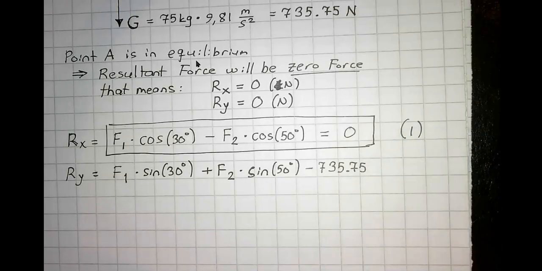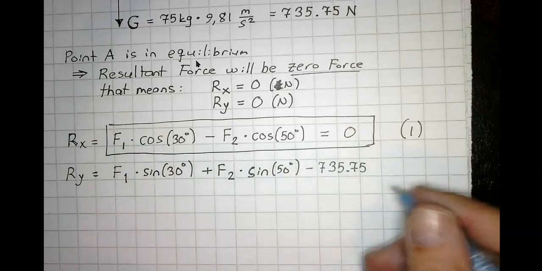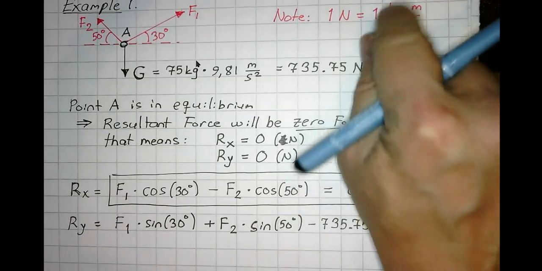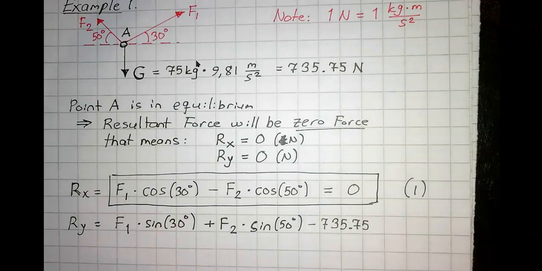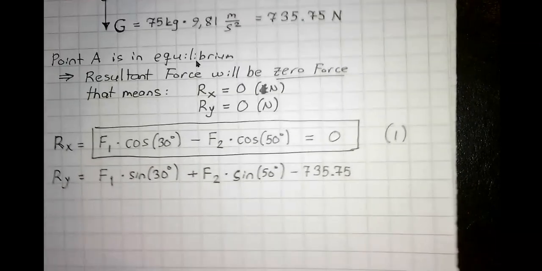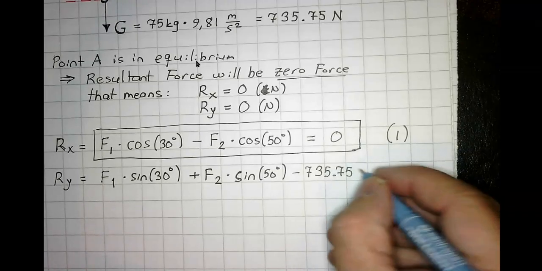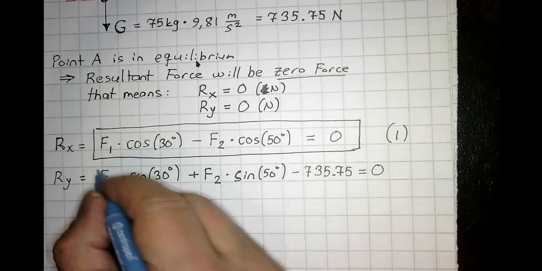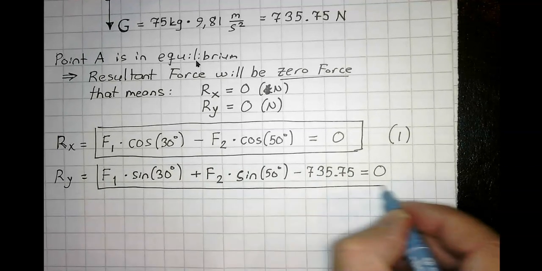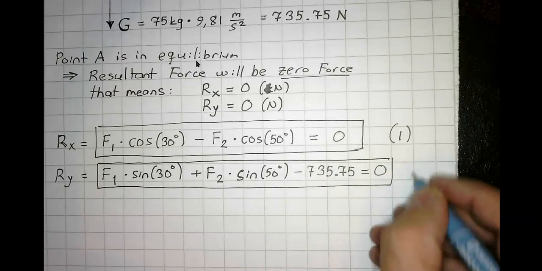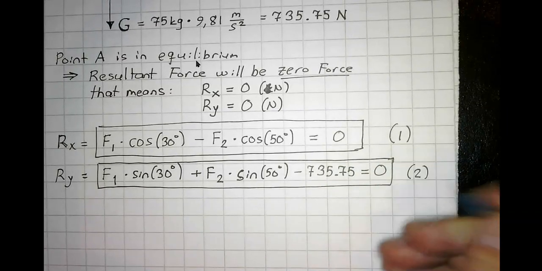I will skip those units in the equation because we are using newtons in this calculation process, so the results will be also newtons. So I will just write simple number there. And this is also 0, so the y component of the resultant will be also 0. And this is the equation 2.